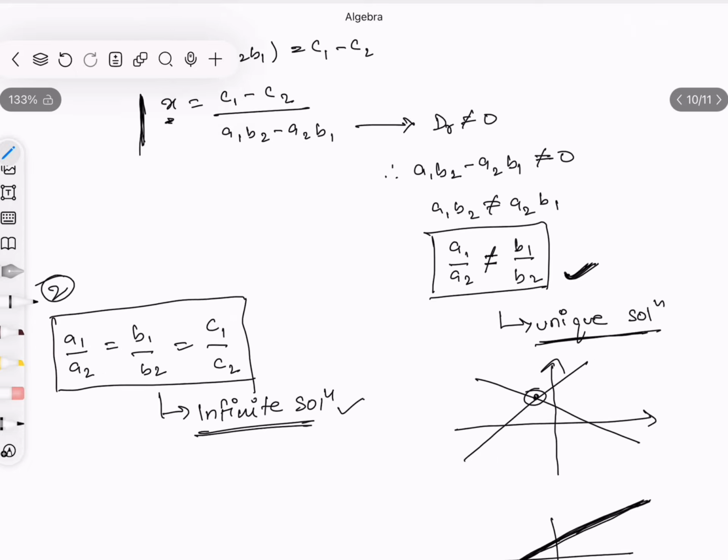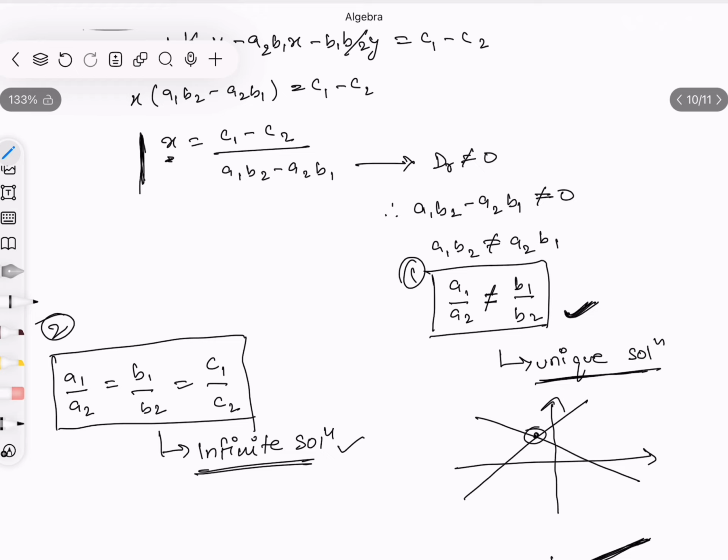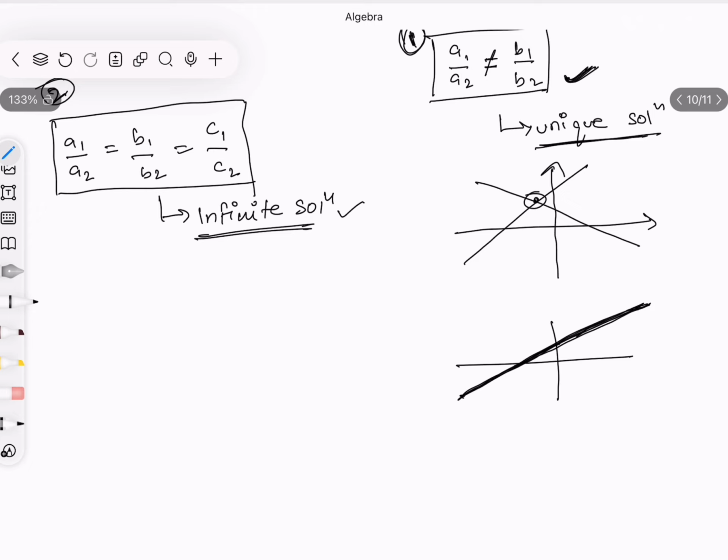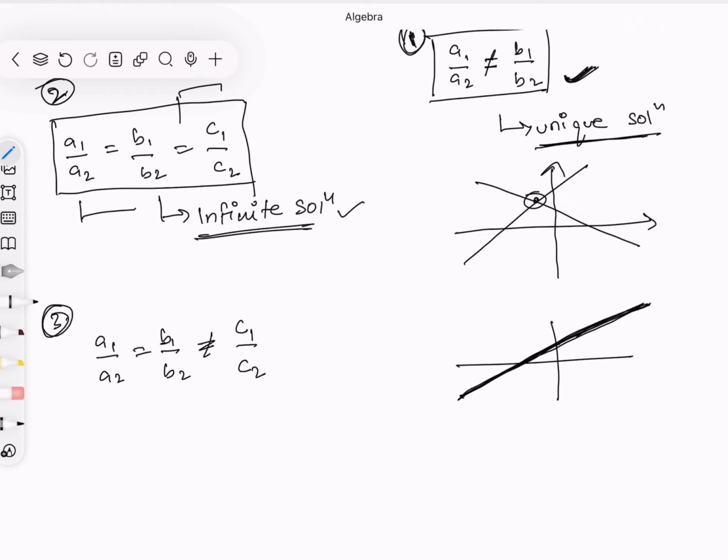So this is the second condition, and this is the first condition in which you can find solutions of the equations. Third is when a1 upon a2 equals b1 upon b2, but it is not equal to c1 upon c2. So this part is true, but this part doesn't hold.